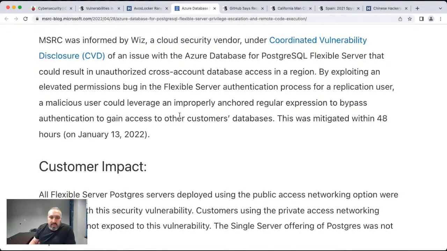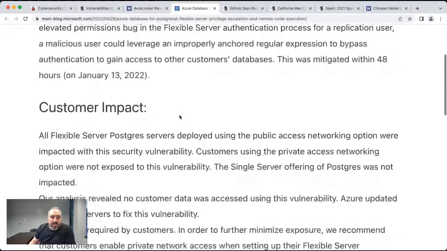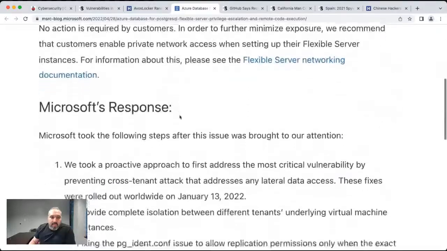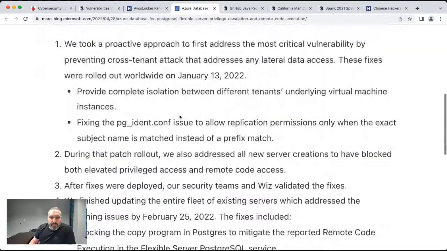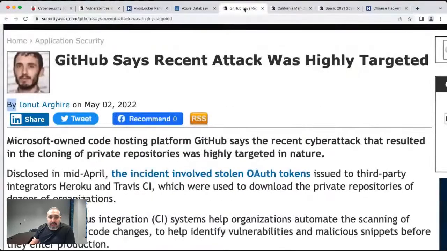By exploiting an elevated permission bug in the flexible server authentication process for a replication user, a malicious user could leverage the improperly anchored regular expression to bypass authentication and gain access to other customers' databases. This was mitigated within 48 hours. There are a bunch of solutions for it, including a patch and workarounds, so get those taken care of.